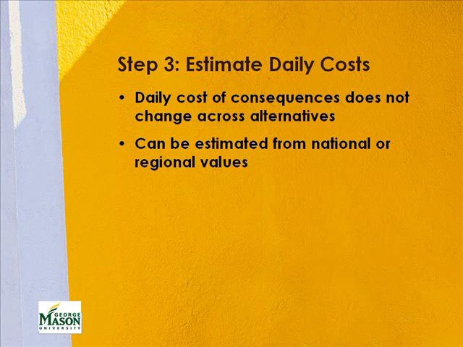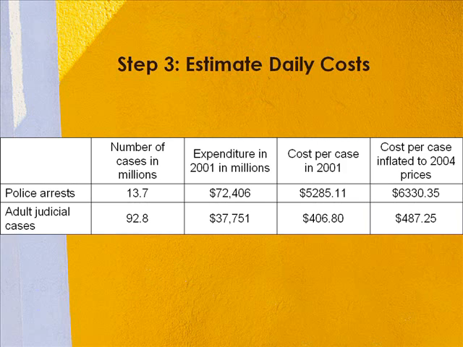For example, the proposed decision tree analysis for seamless probation separates the probability of arrest from its cost. Because cost of arrest is unlikely to change within the use of seamless probation program, national estimates were used for these costs. This table shows the estimated cost of arrest and court processing in 2001 projected to 2004 values.